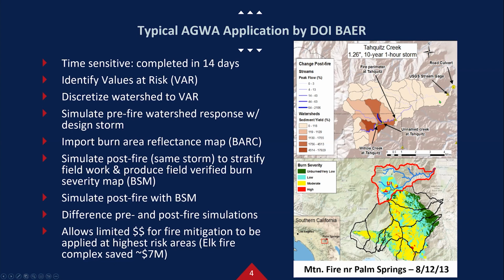And, you know, if they're attenuated relatively early, you may not have to do anything in terms of protecting this road culvert further downstream. So again, this gives them guidance to say, all right, where should I spend my dollars to increase culvert sizes, put seeding down, and that sort of thing if needed.